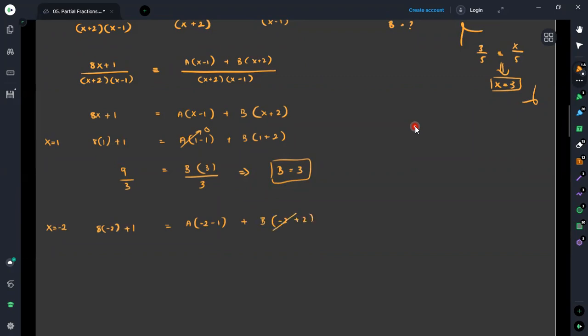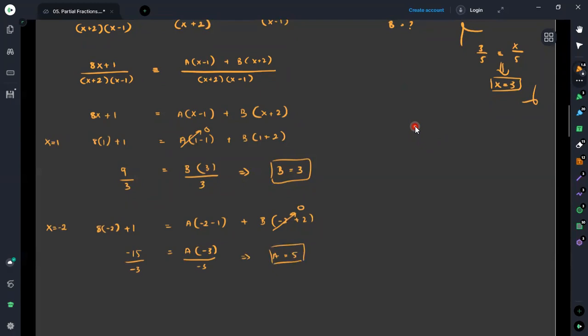Minus 2 plus 2 becomes 0, therefore this entire quantity becomes 0. Then we have minus 16 plus 1, which is minus 15, equals a times minus 3. Dividing both sides by minus 3, I get a equal to 1.